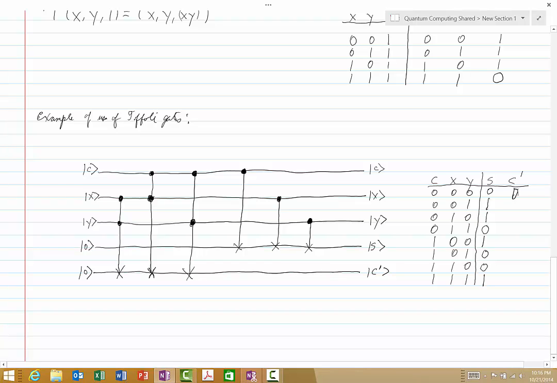So in this next case, we only have one 1, so then C prime will be 0. In the next case, again, only one of those is equal to 1, so C prime will be 0.